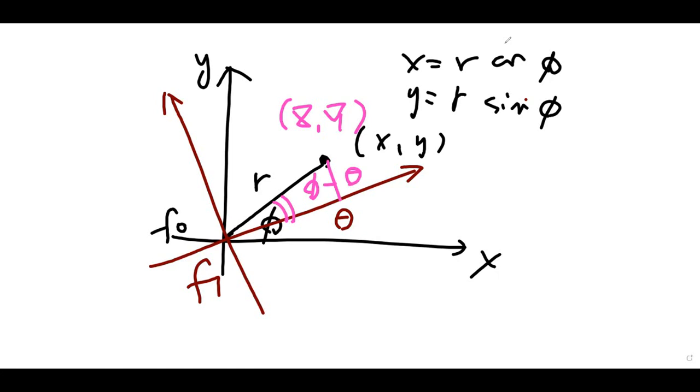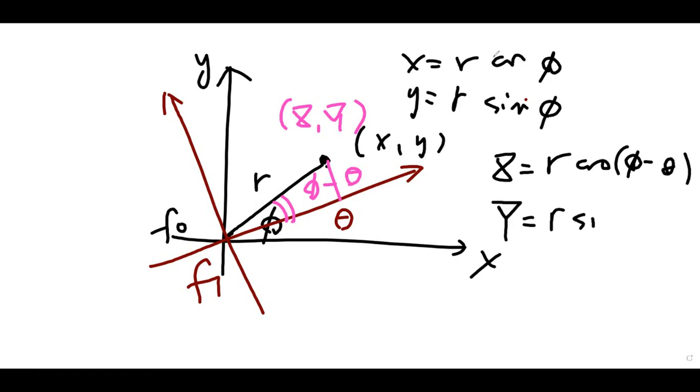So your big X will be equal to R cosine of phi minus theta, and big Y would be R sine of phi minus theta.